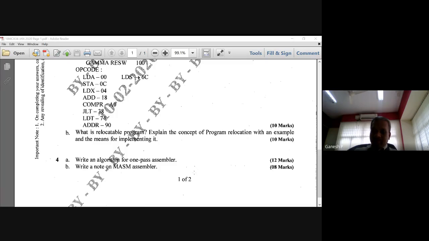Since there is no one-pass assembler algorithm which we have discussed, whatever algorithm we have for pass 1 and pass 2, you can club together and make one simple assembler, wherein the forward references, instead of going to the symbol table directly, will have some references.